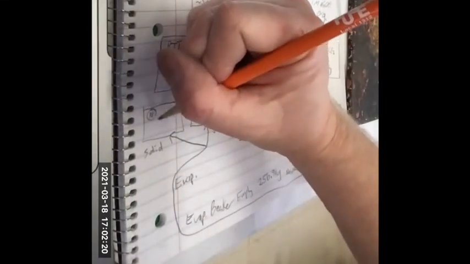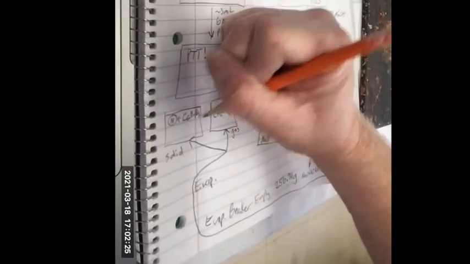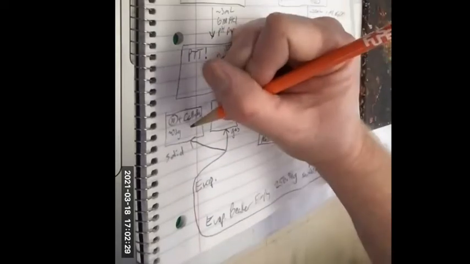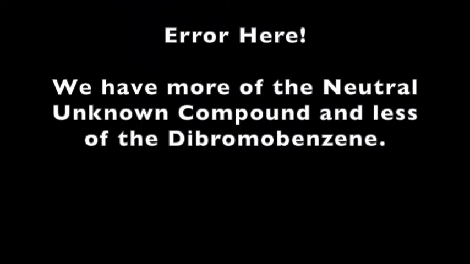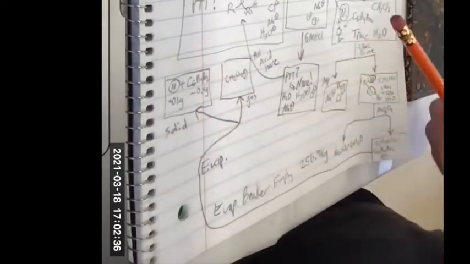That's the neutral compound plus the dibromobenzene. And the neutral compound, it's about 0.1 grams, and this is about 0.4 grams, so there's more of that. So we'll be able to do a crystallization on that once it all evaporates.